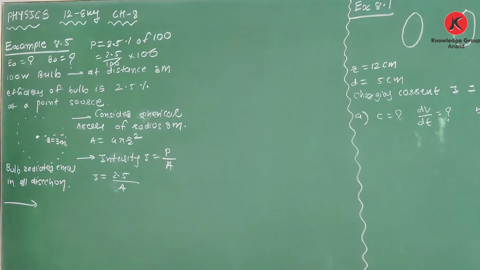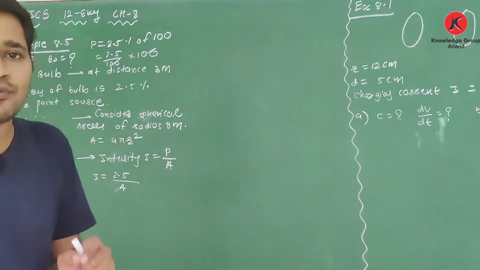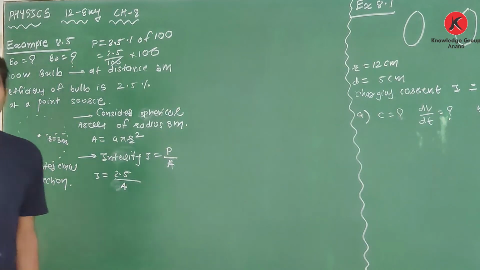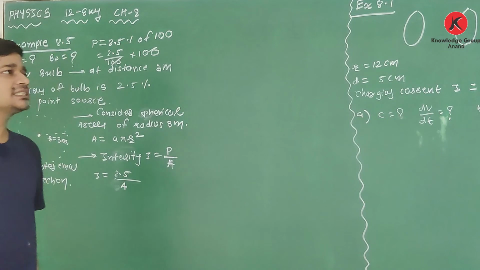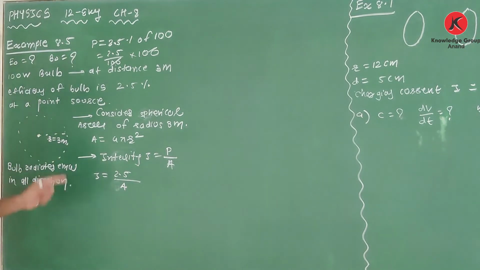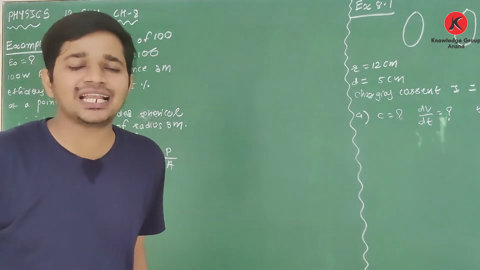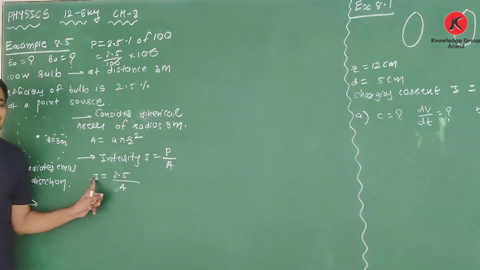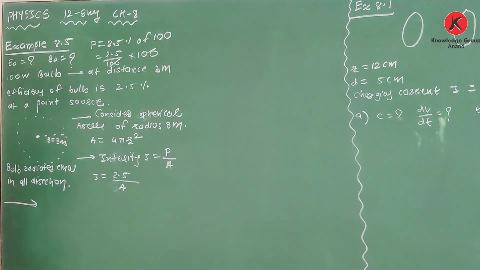Now, again, one of the characteristics of electromagnetic waves, that you know, is the equation of intensity. But see here, as electromagnetic waves contain electric field as well as magnetic field, this intensity is of electric field and magnetic field both. But if I want to take intensity only due to electric field or magnetic field, then I have to consider it half.